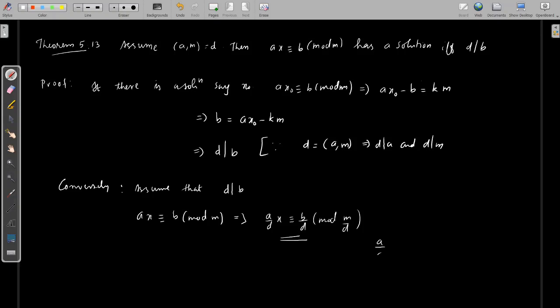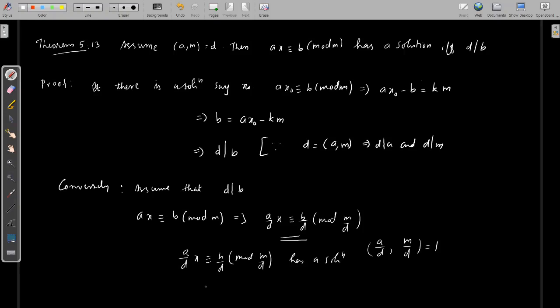Then we have gcd(A/D, M/D) equal to 1, because D is the GCD of A and M. So using the previous theorem, you can say that this congruence (A/D)x congruent to B/D mod M/D has a solution. In fact, it is a unique solution.